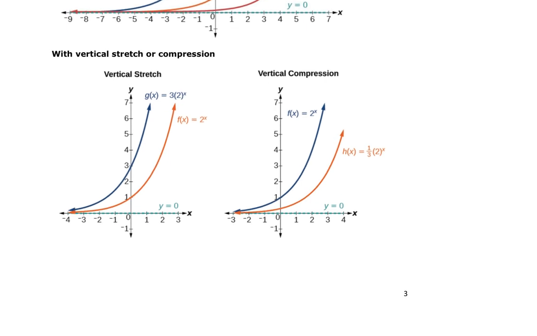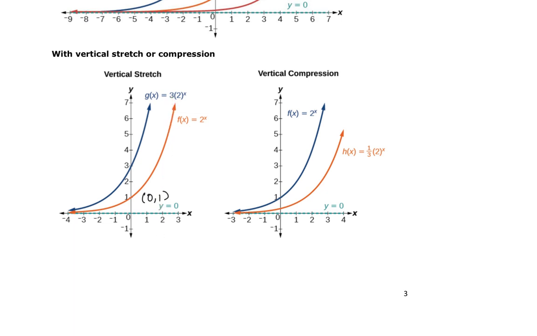Now we're going to start doing vertical stretches and vertical compressions. So with a vertical stretch, I have a 3 there, and my horizontal asymptote is still the same. And instead of going through the point 0, 1, since I know with a vertical stretch or a vertical compression, I multiply the y values by whatever the stretch or compression is.